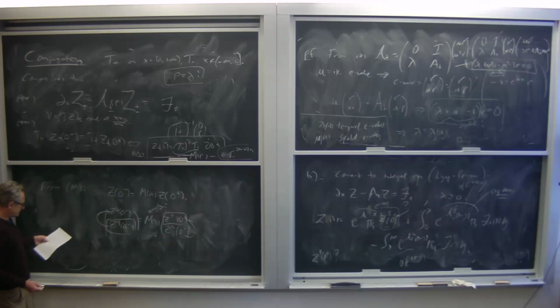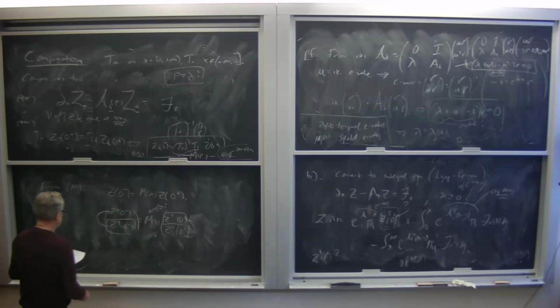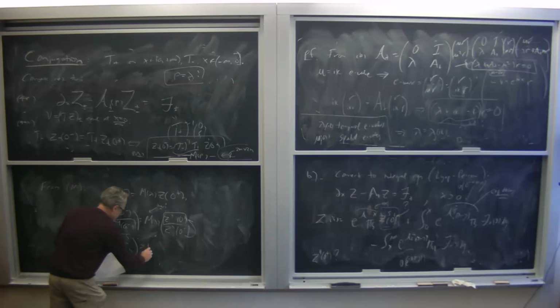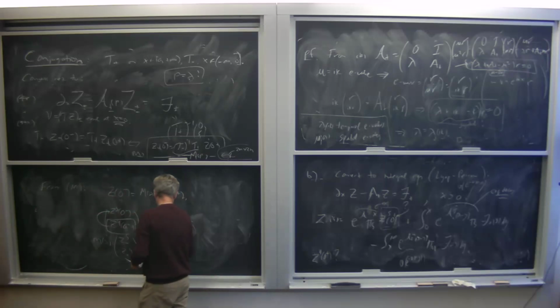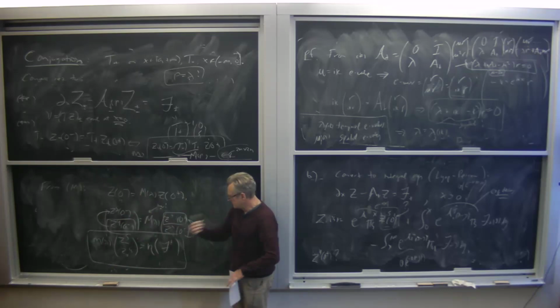So I can write this as some little m equals some n of F, after rearranging things.